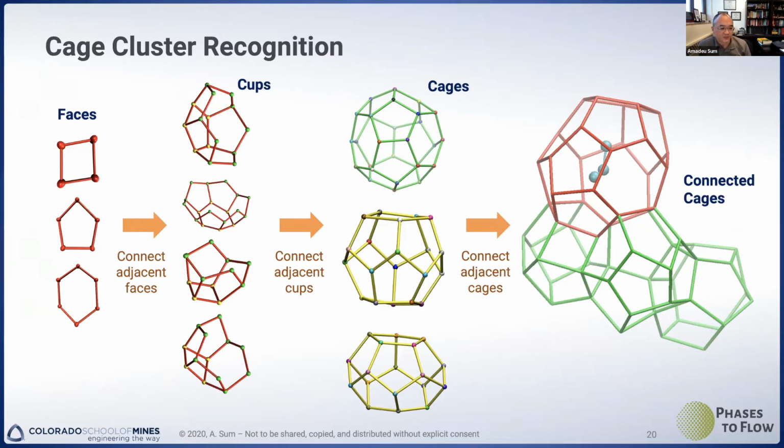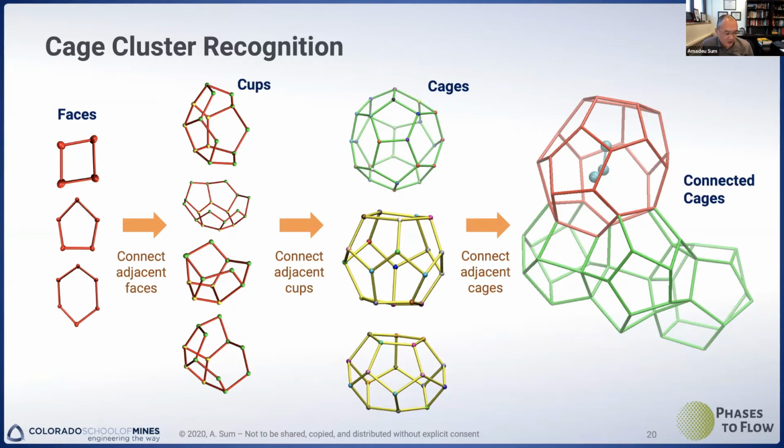And for this particular study, we developed our cage cluster recognition code in order to extract faces that can be put together to make cups. And the cups can then be combined to form cages. And then the cages can be looked at on how they are connected to each other to form the larger clusters, right? And so we have developed this particular code in order to do this.